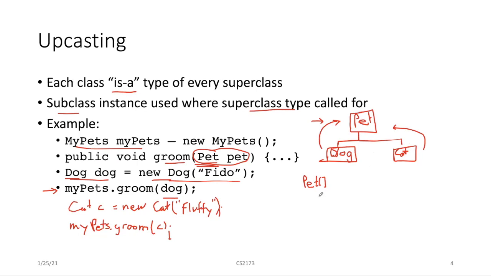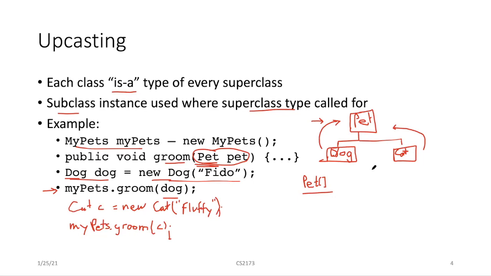If I don't have that capability, I have to have a separate array for dogs, a separate array for cats, a separate array for any other type of pet that I might want.